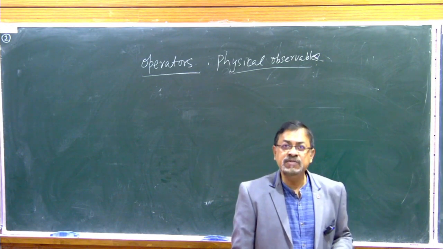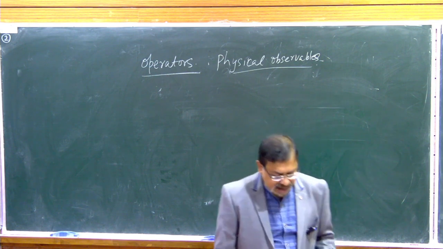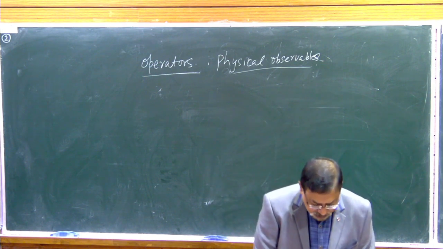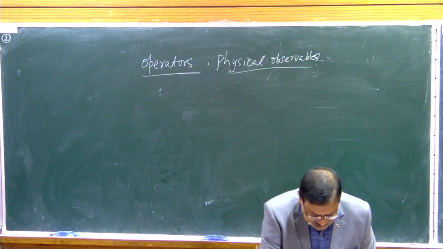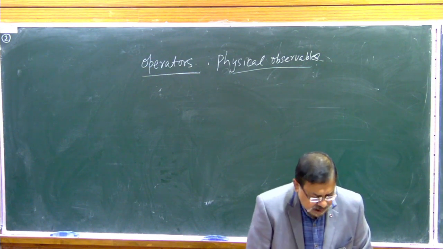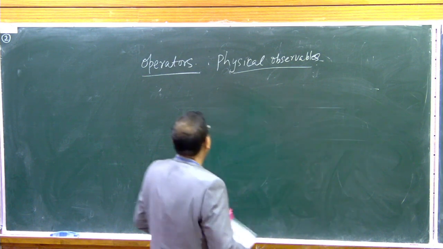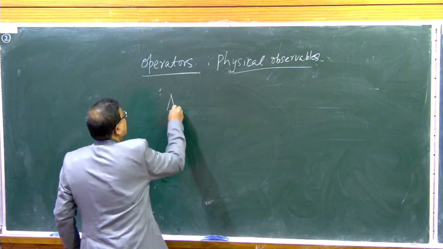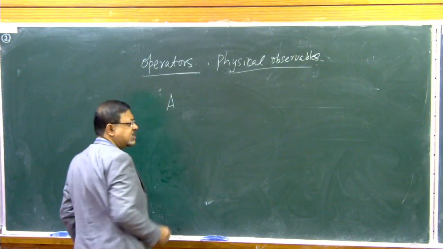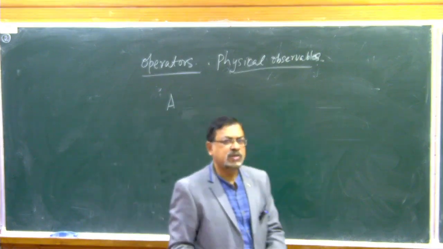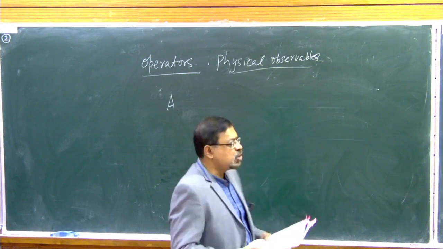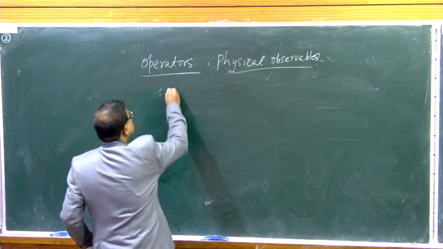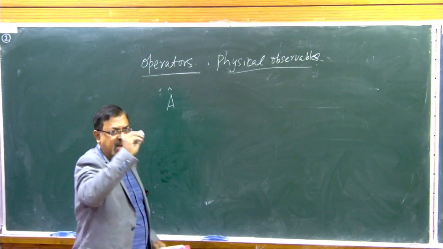Now I have to justify what I mean by eigenvalues. Let's have an operator A, it could be any operator. When I write it as A, I am not focusing on whether it's a momentum operator or a position operator or an energy operator, any operator, and this is usually written with a cap on top.